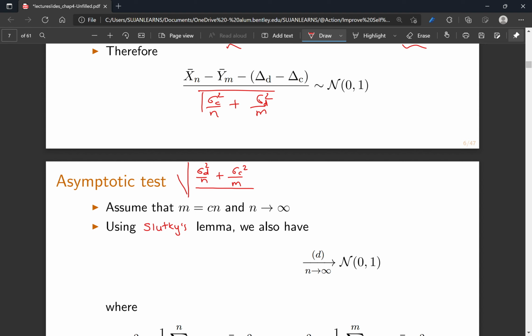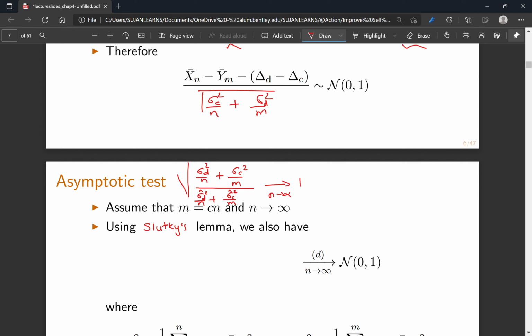divided by m, we have this expression, and this expression is supposed to go to 1 when n goes to infinity.